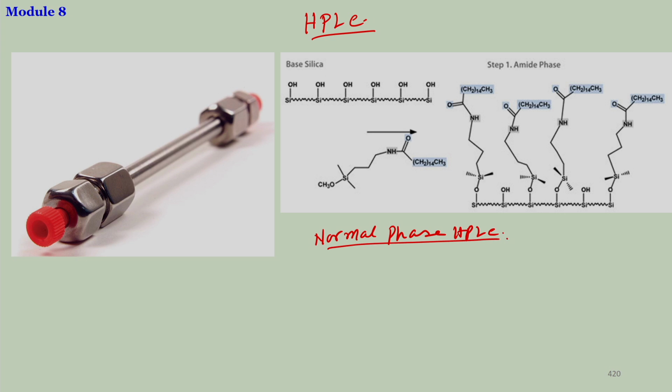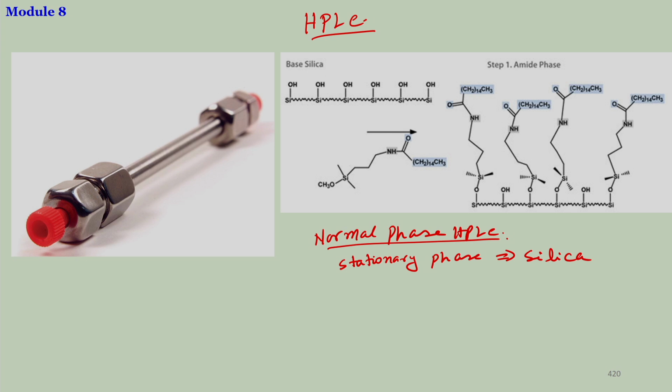Normal phase HPLC has a stationary phase, which is silica.